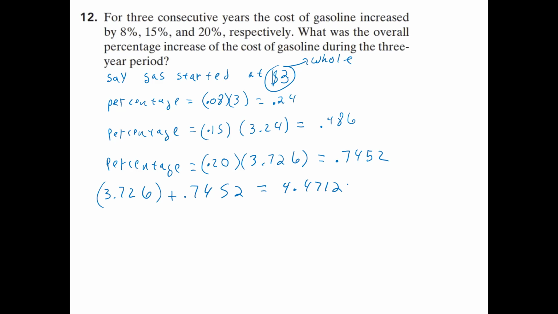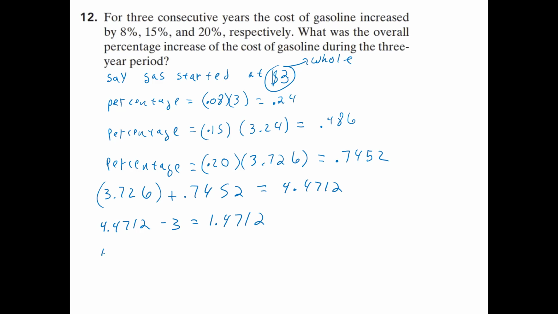So again, we first have to figure out the percentage increase. So the 4.4712, we first have to figure out the amount of increase: 4.4712, take away the $3 that we started at. 4.4712 minus 3 is 1.4712. And then we have to compare that to the original price, right?